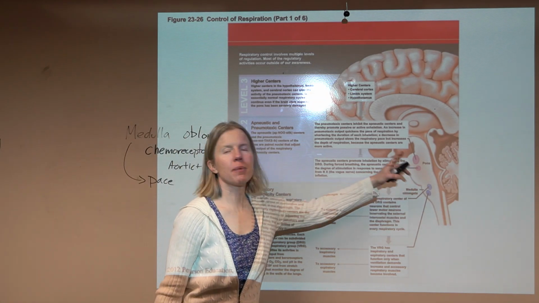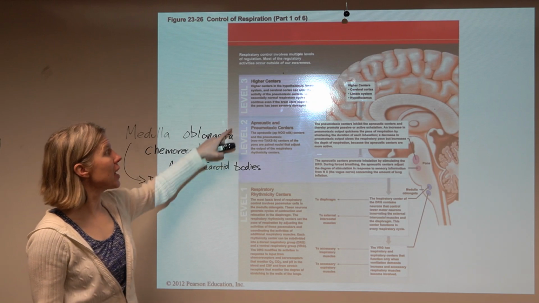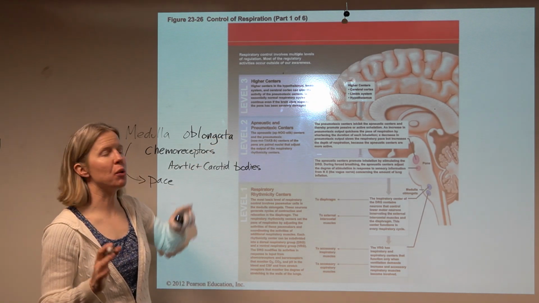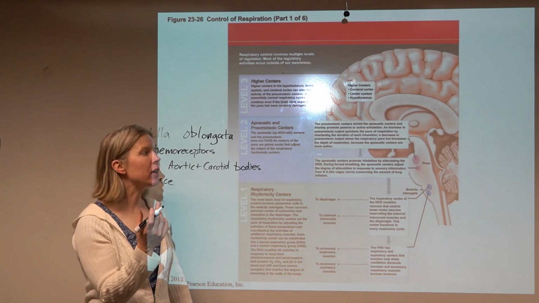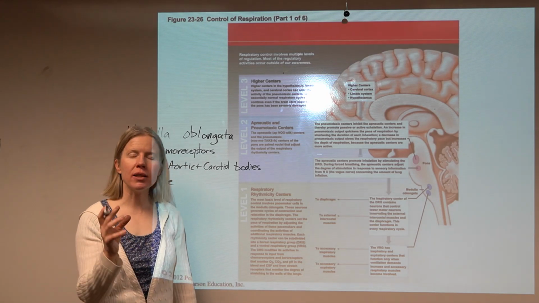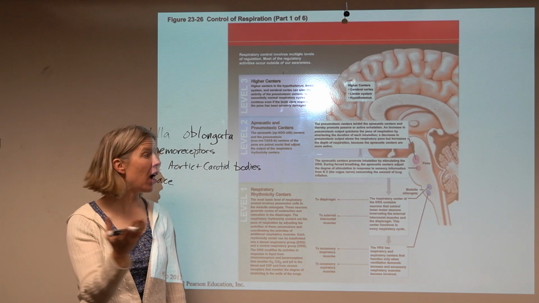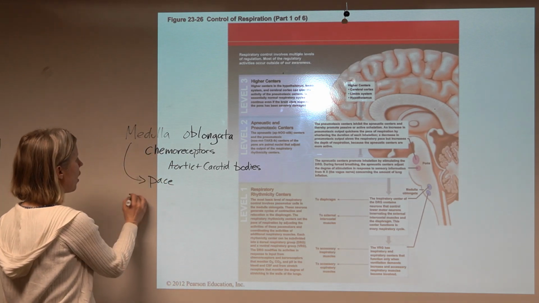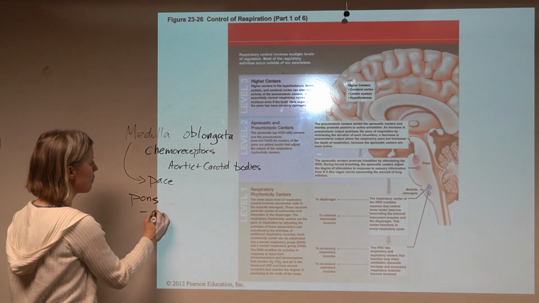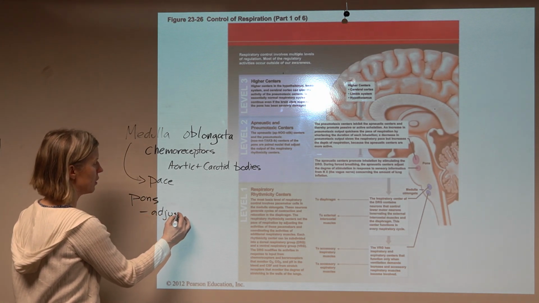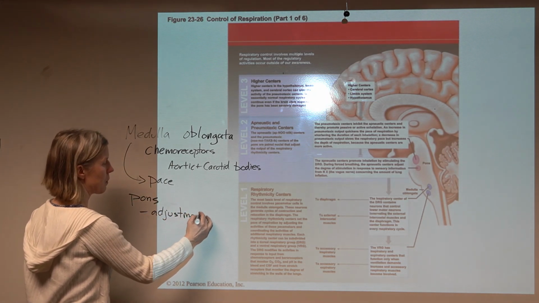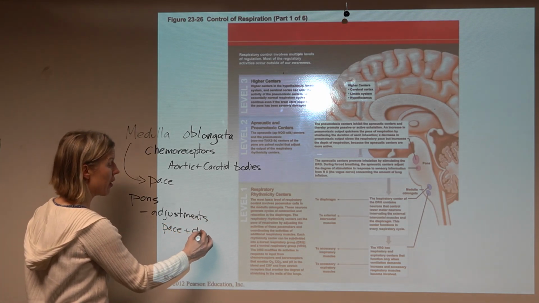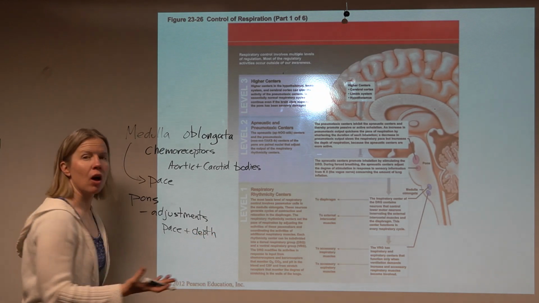We do see these regions in the pons. I don't care that you get into apneustic and pneumotaxic centers. Really, when I think about it, the pons has this ability to modify what the medulla has already decided. So the pons makes adjustments to both pace and depth of breathing.